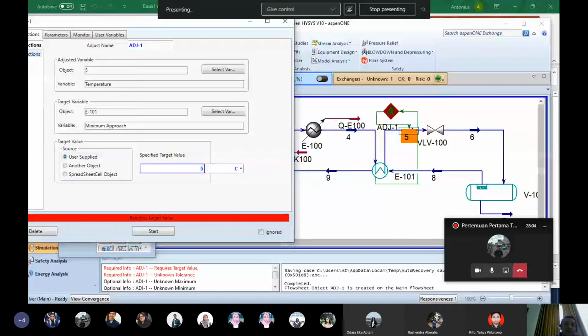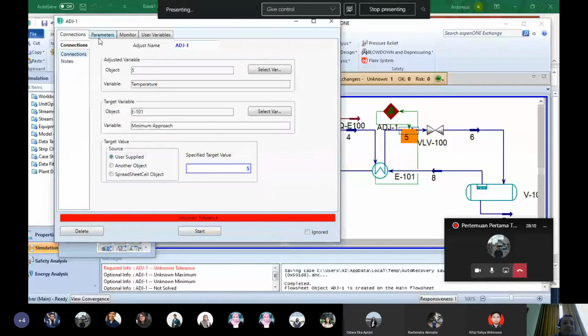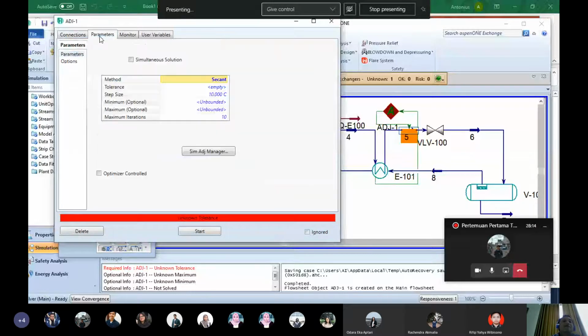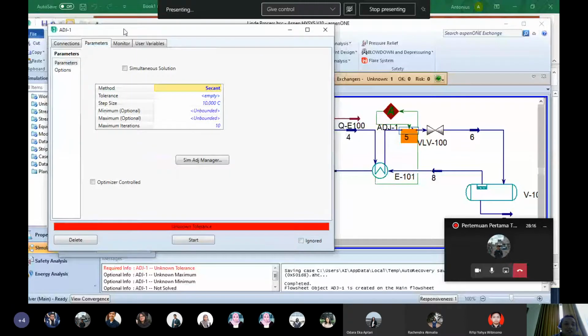It's not started yet, so I will move to the second tab, which is the parameters. In this tab, I have to define the numerical settings. For example, the tolerance, which is the difference between the objective value and the calculated value.